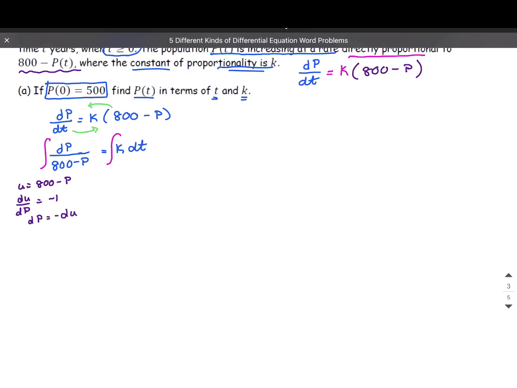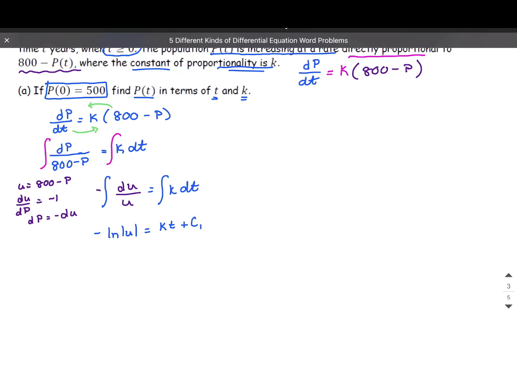So now, when we make our substitution here, we have the integral of negative du over u equals the integral of k dt. Now we know that the antiderivative of 1 over u is the natural log of the absolute value of u, but don't forget to bring that negative down, equals the integral of k dt, which is kt plus some constant I'm going to call c1.